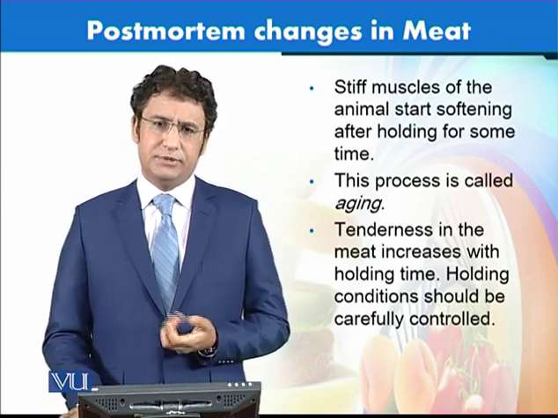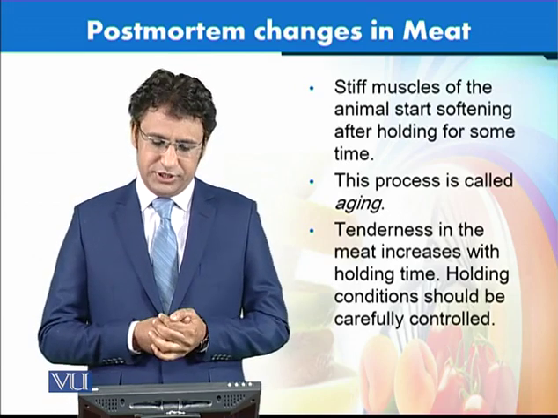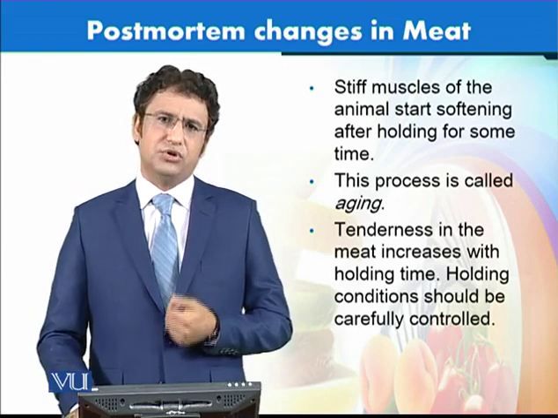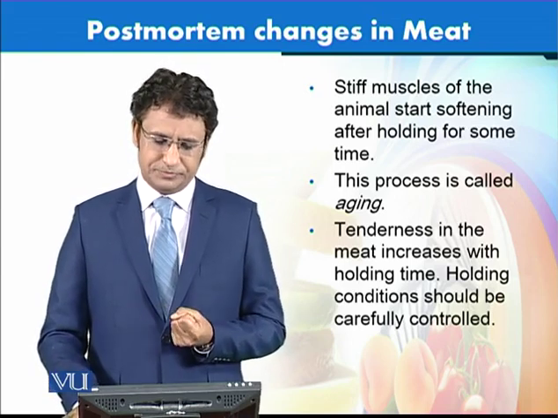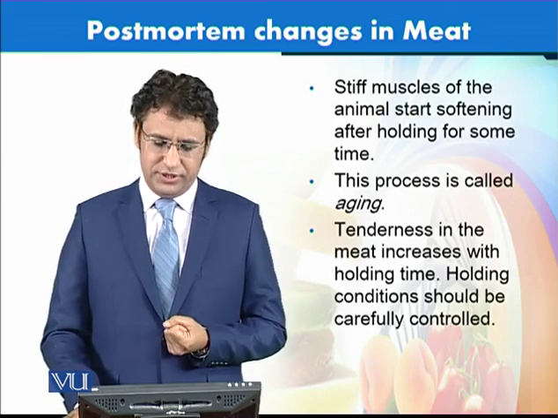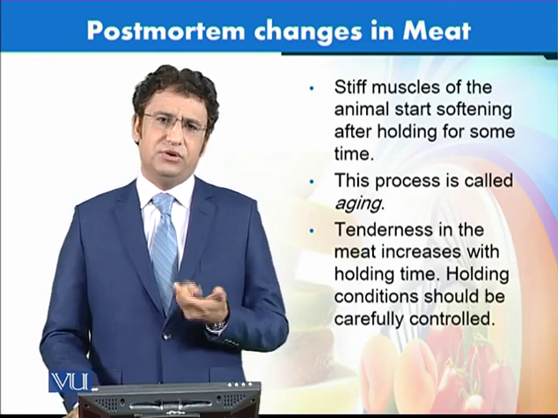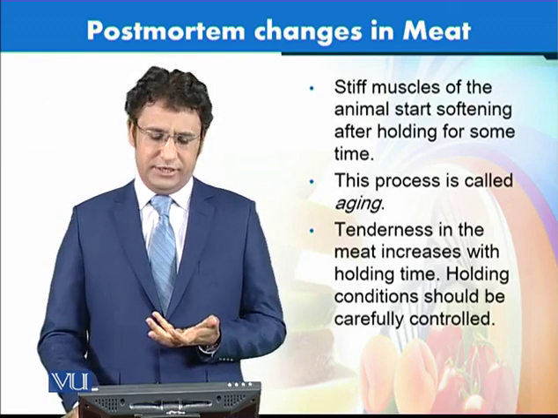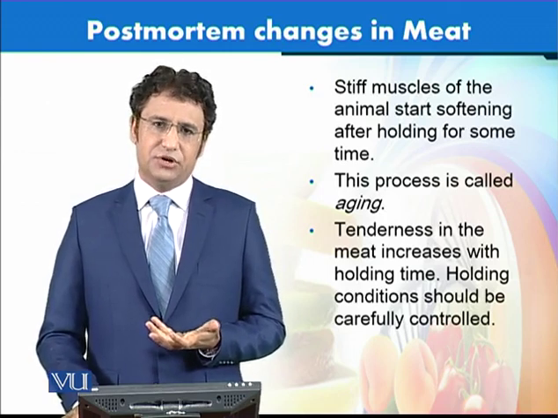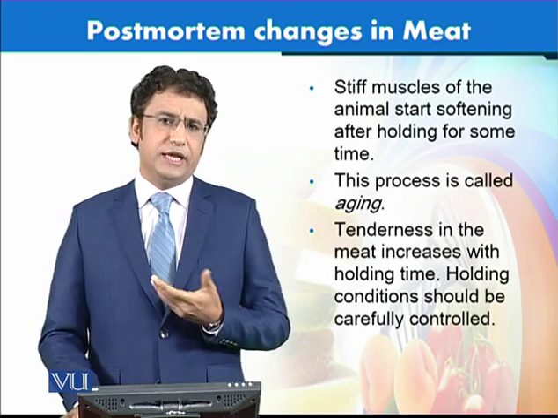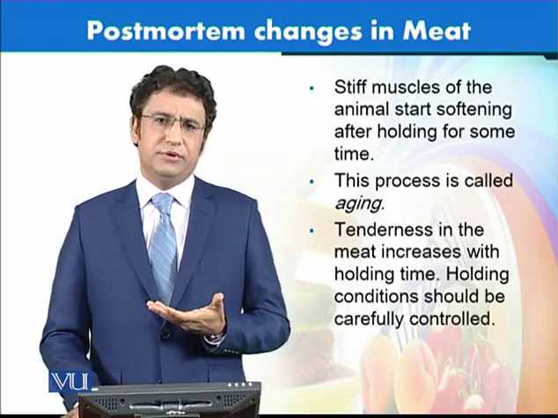Another change that takes place in the post-mortem changes of animals concerns the stiff muscles. Initially they are stiff, but after certain times they gradually become soft. This softening of the tissues or muscles is also termed aging of meat. That aging is basically controlled.